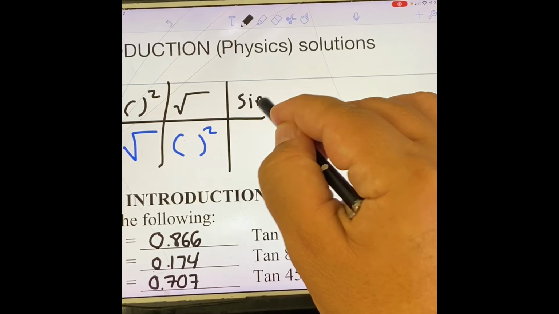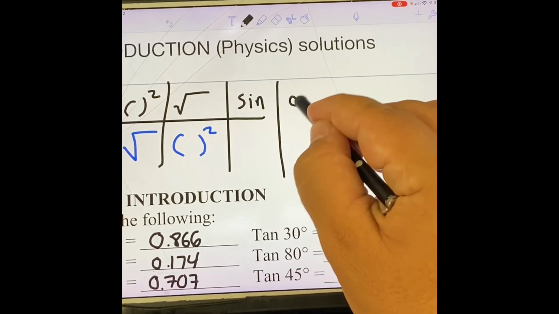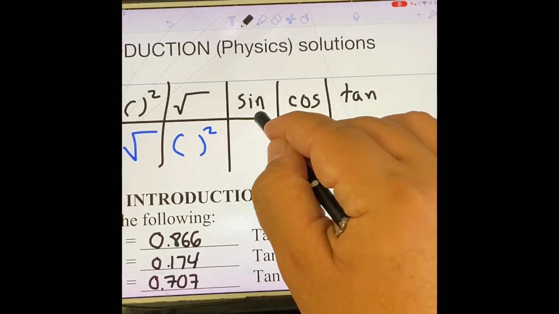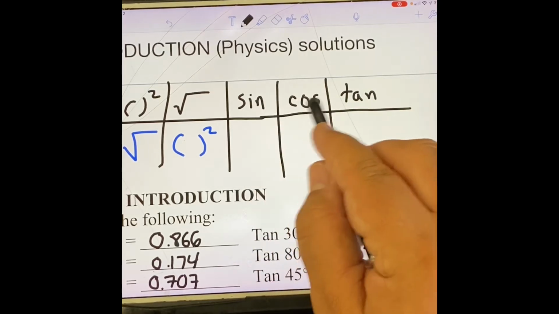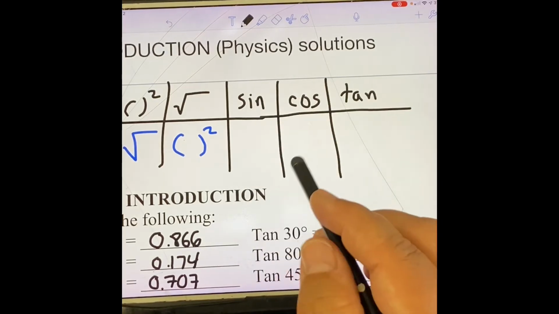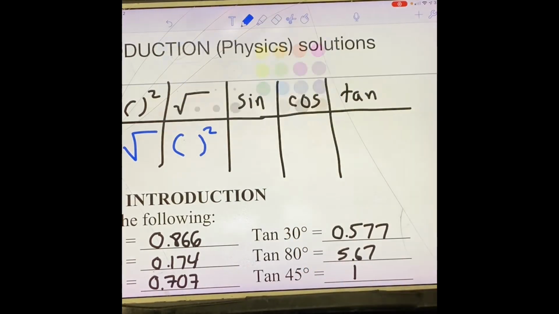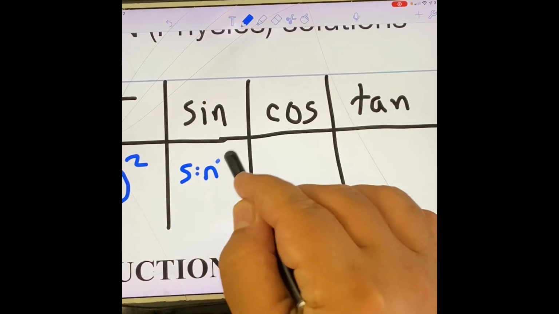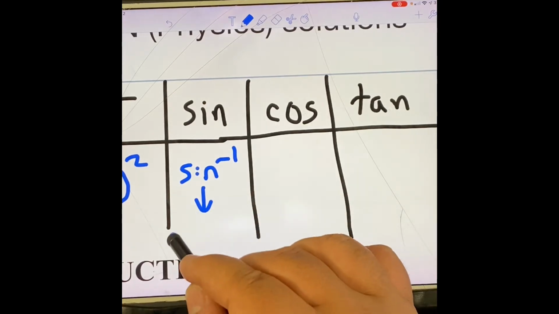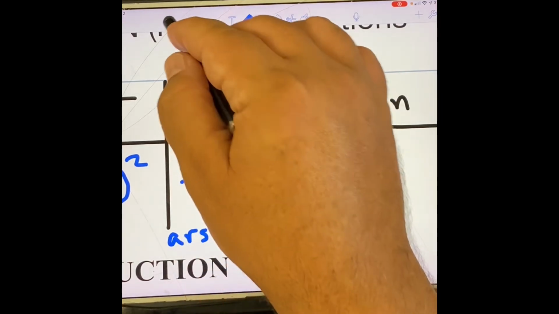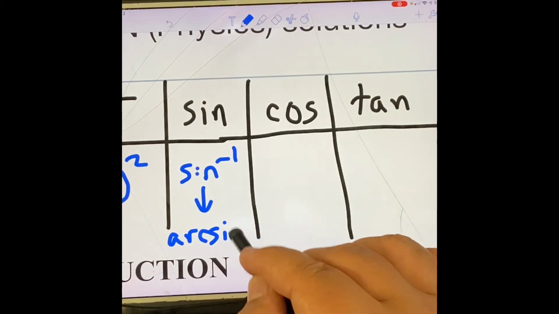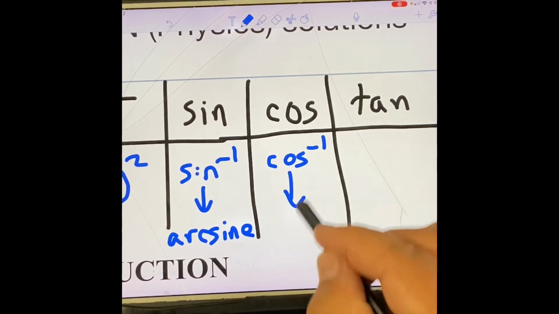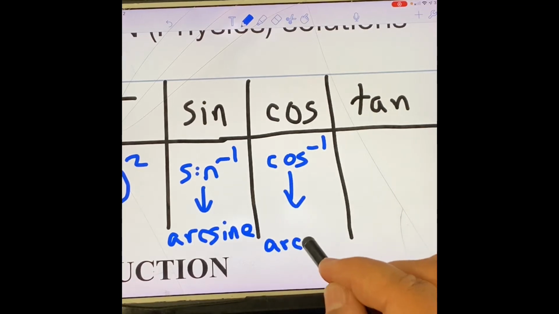Sine, cosine, and tangent. Now, sine, cosine, and tangent are abbreviated sin, cos, and tan. Those are the abbreviations. Now, the inverses of these functions are sine to the negative 1, which is referred to as arc sine, cosine to the negative 1, which is called arc cosine.